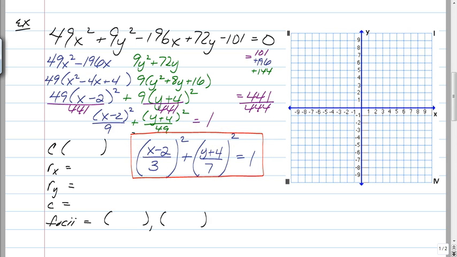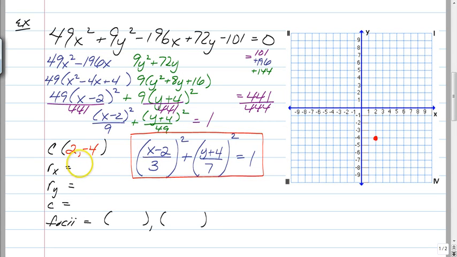Now, if you get that right, the rest is pretty simple. But if you get that equation wrong, unfortunately, you're going to get a lot of misleading information to finish this problem. So our center is at positive 2, negative 4. So we're going to go to positive 2, negative 4, and we're going to place our center. Our Rx is the number in the denominator with our x's.